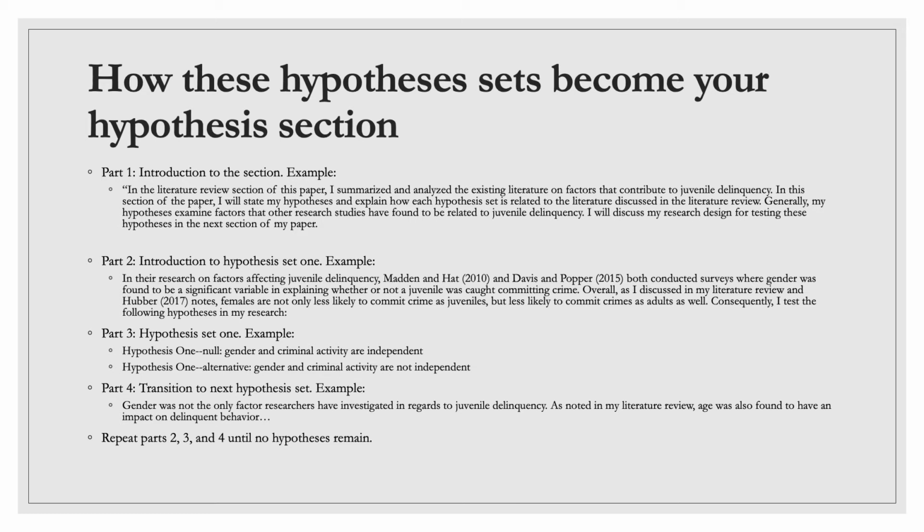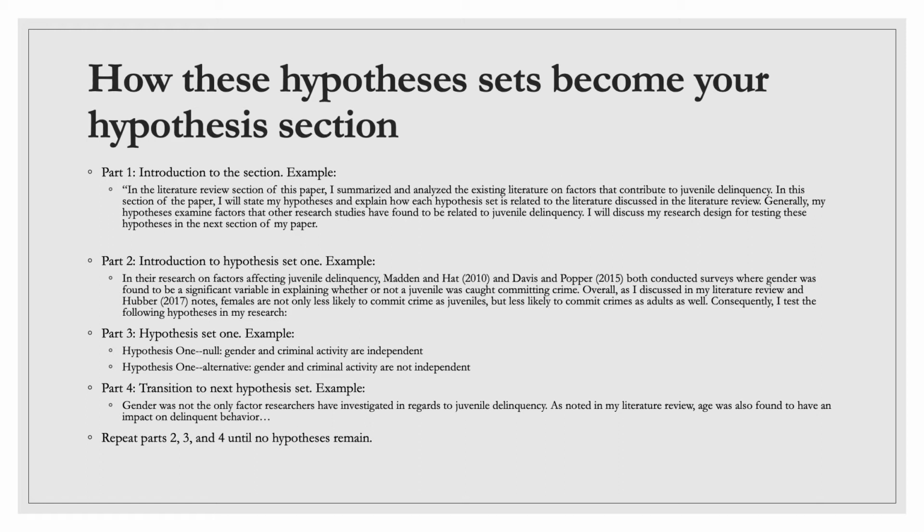The second part of the hypothesis section of your paper is just going to be an introduction to your first hypothesis set. It's always going to harken back to your literature review.